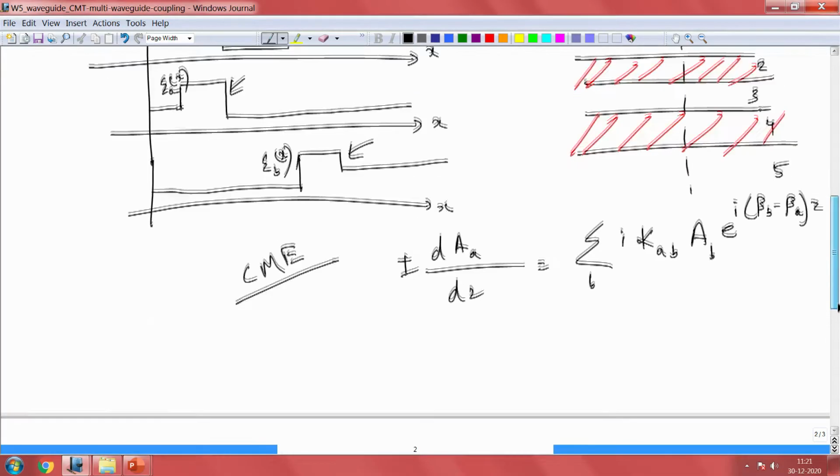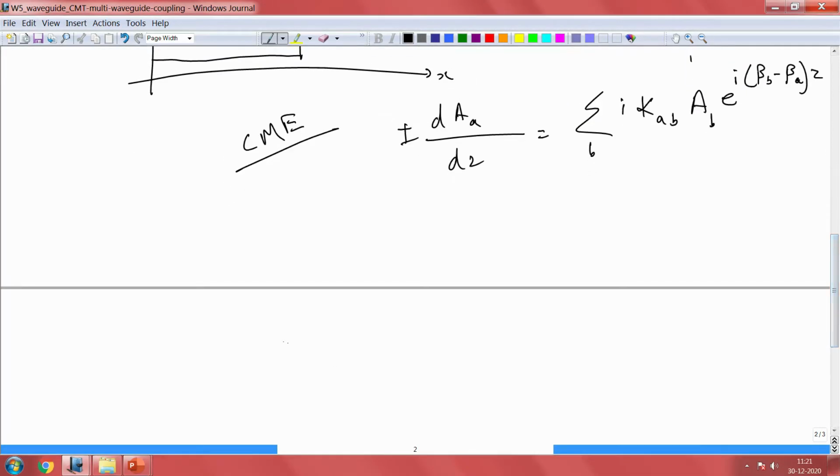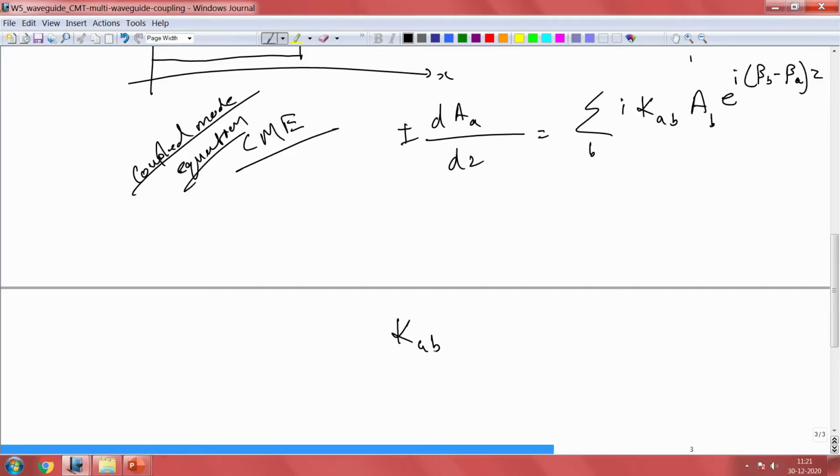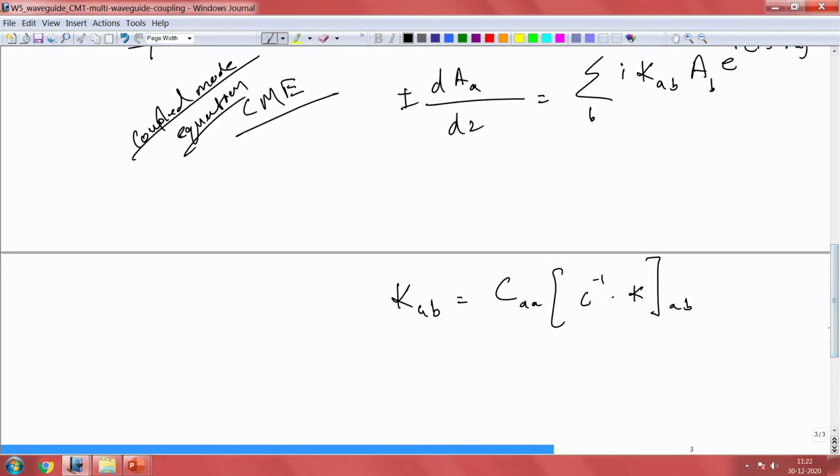So, now the coupling here, kappa AB, can be represented by something called C_AA, C inverse, kappa AB. Let us look at what these factors actually are. C_AA is nothing but forward coupling.